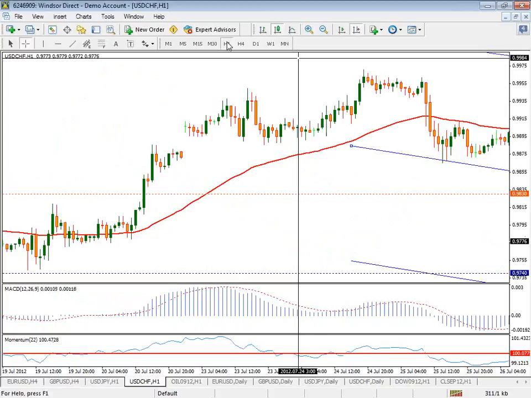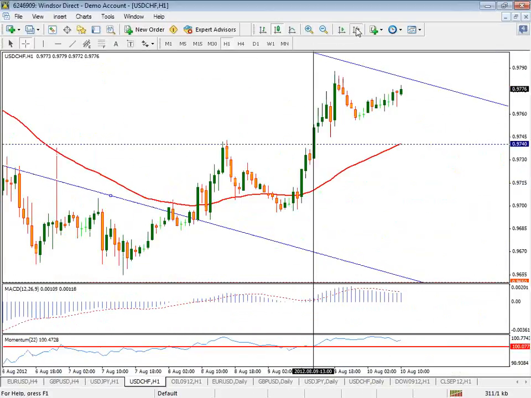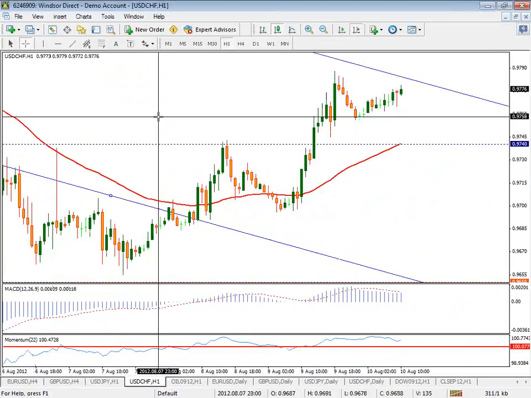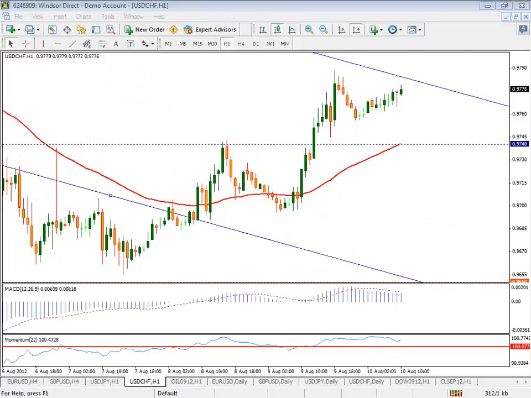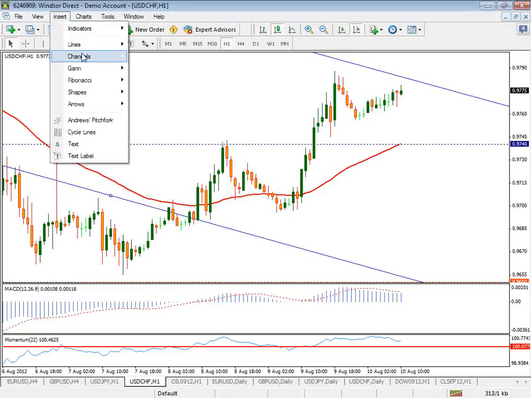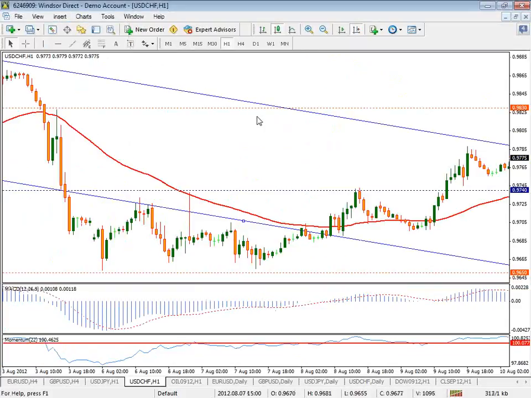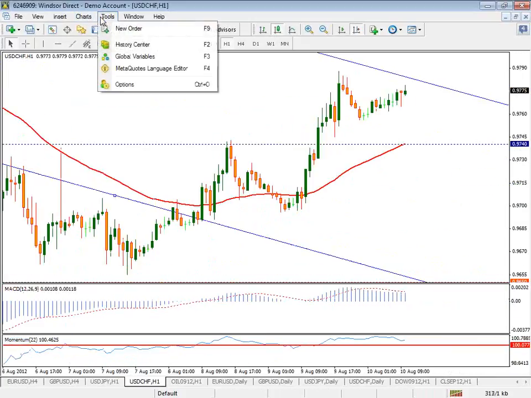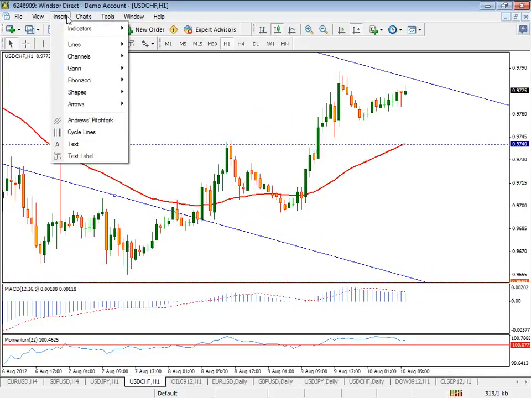If we take a look at the 1-hour chart, we see a clear uptrend. Of course, we can draw a new channel for the 1-hour chart.